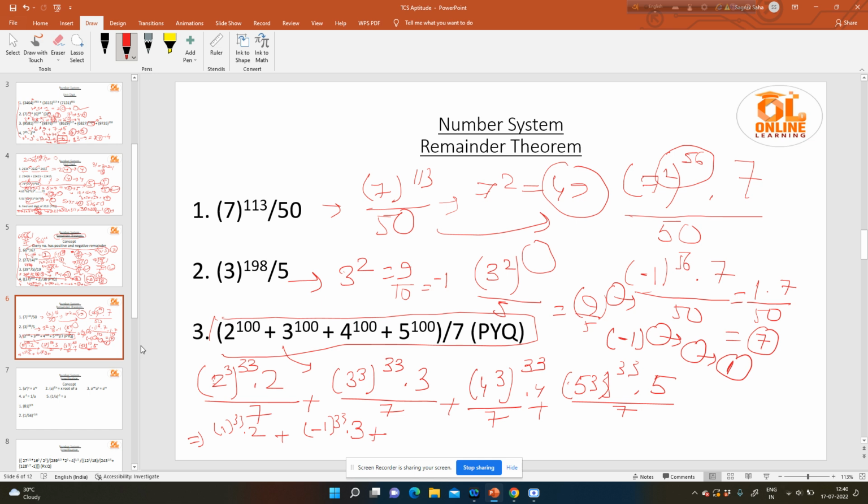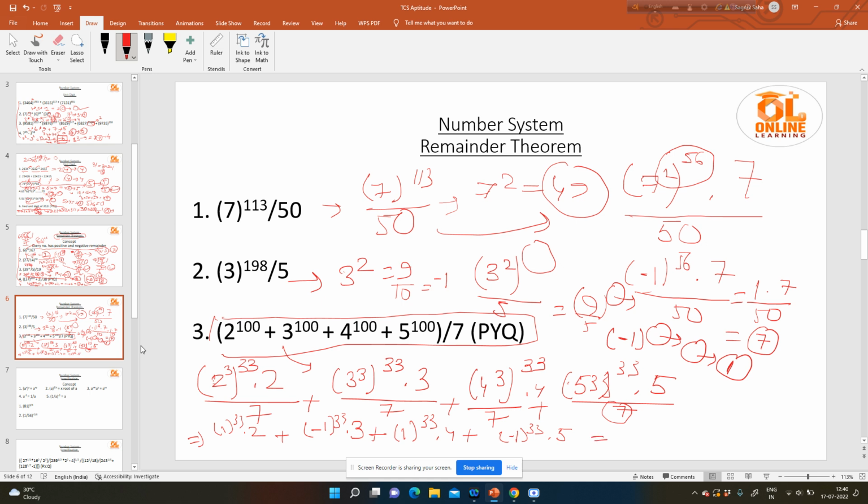So 64 is greater than 63 by 1, so we will be having 1 here, into 4, plus 5 cube is 125 and 7 eighteens is 126. So 126 is greater than 125, so we will be having minus 1 here. Minus 1 to the power 33 into 5.